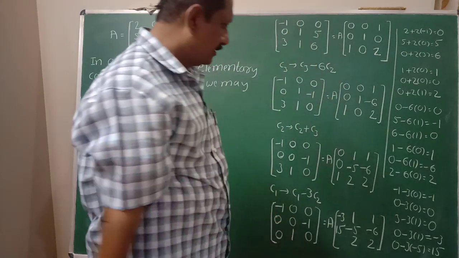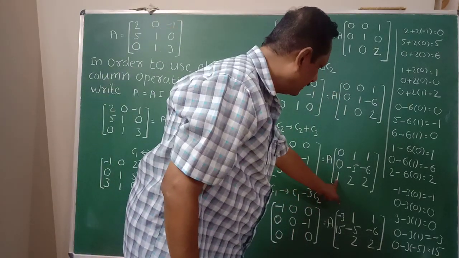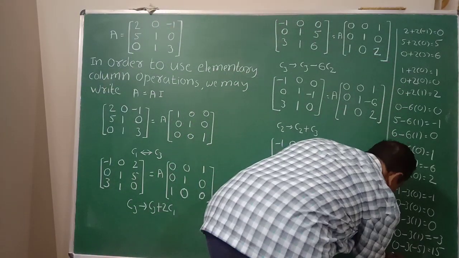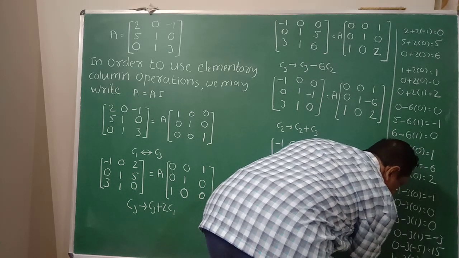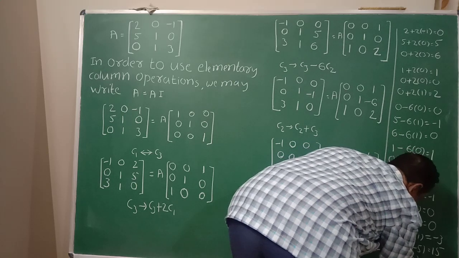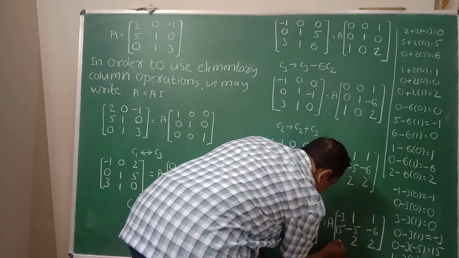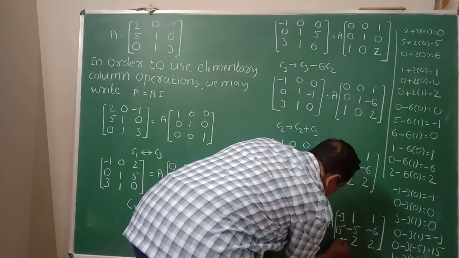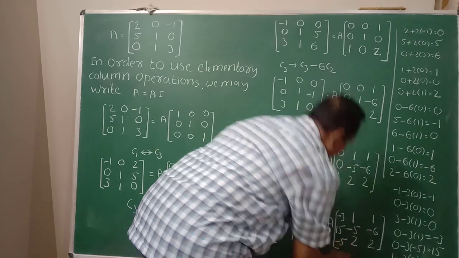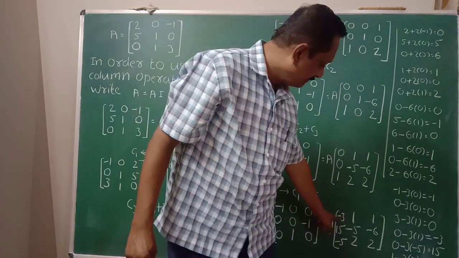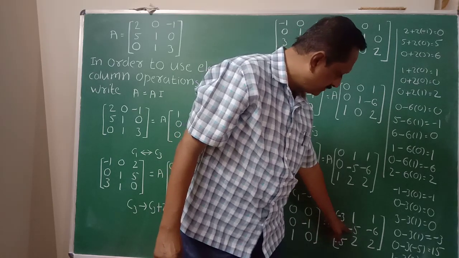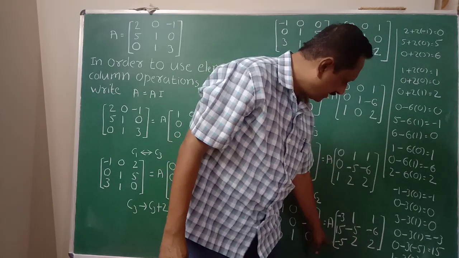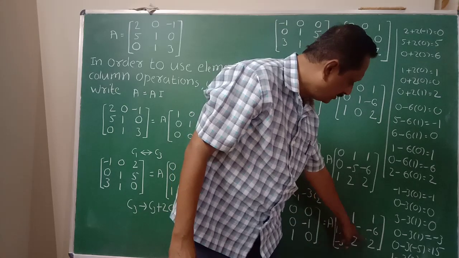Then 1 minus 3 into 2: 3 twos are 6, and 1 minus 6 is minus 5. So we have minus 3, 1, 1, 15, minus 5, minus 6, minus 5, plus 2, plus 2.